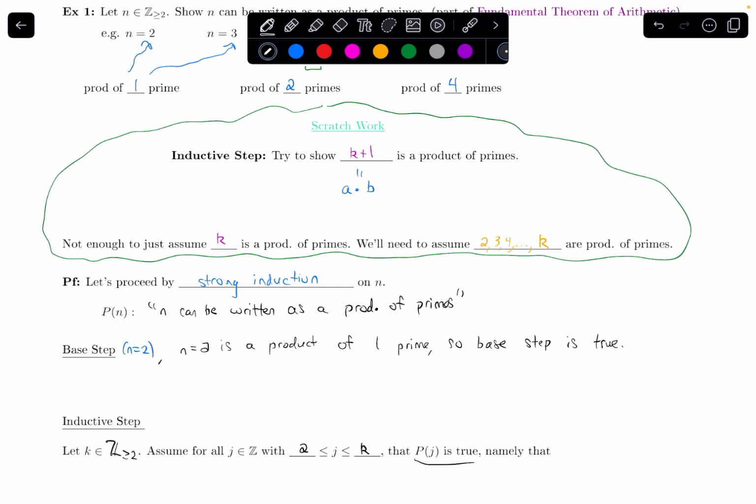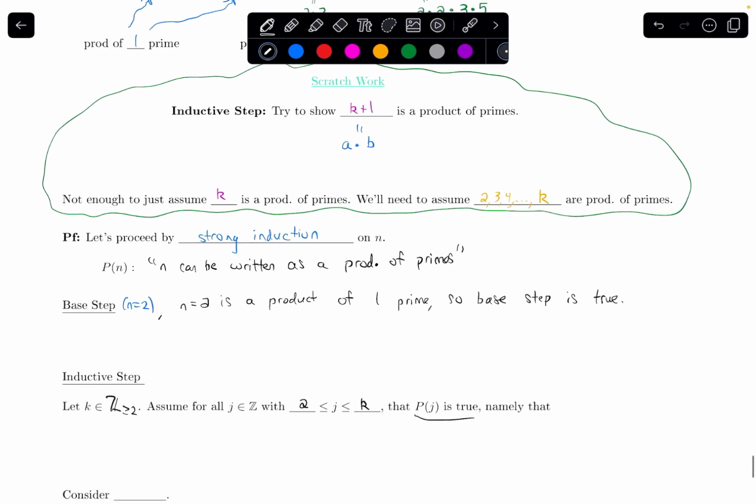That is saying that P of 2 is true and P of 3 is true, and then everything up until P of k. We're assuming that all of those are true. This is just writing that a bit more formally without me having to write ellipses like this. So what does it mean if P of j is true?